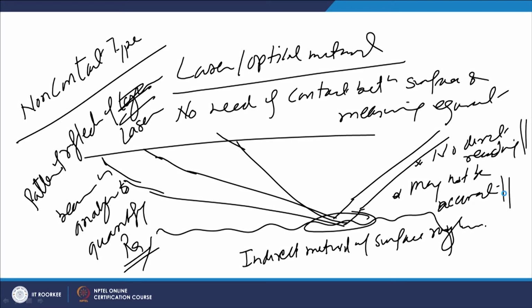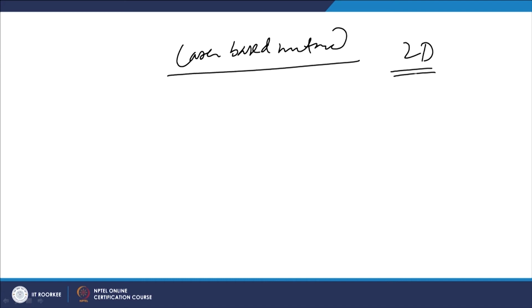Basically this laser based method gives us the 2D plot of the ups and downs present at the surface. There is one equipment called the confocal scanning microscope.